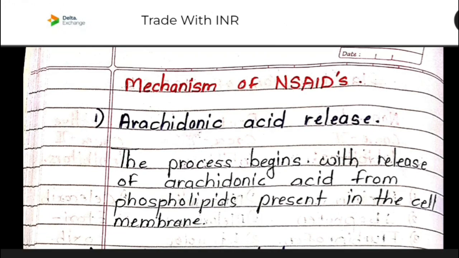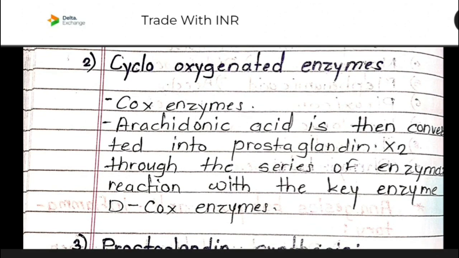Mechanism of NSAIDs. First, arachidonic acid release. The process begins with the release of arachidonic acid from phospholipids present in the cell membrane. Cyclooxygenase enzymes, COX enzymes: arachidonic acid is then converted into prostaglandin through a series of enzyme reactions with the key enzyme being the COX enzyme.